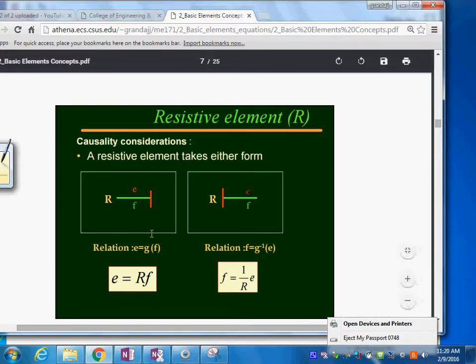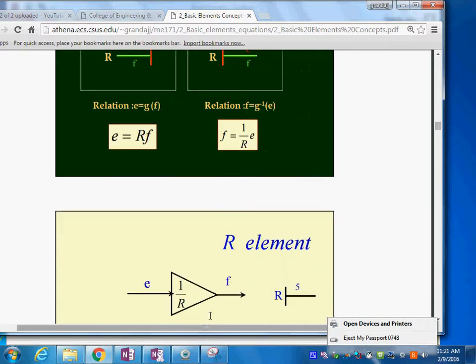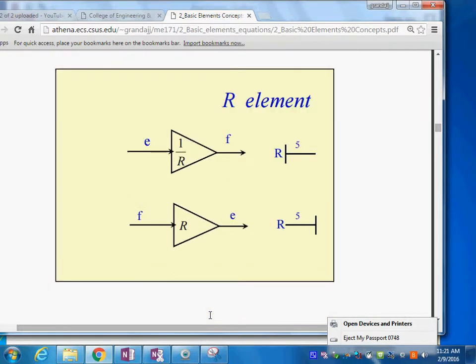But this one, where you have R, the flow times R is equal to E, or E divided by 1 over R is F. So you end up having this element like this, or this element, depending on which one is in your system. So that way we see how it works.